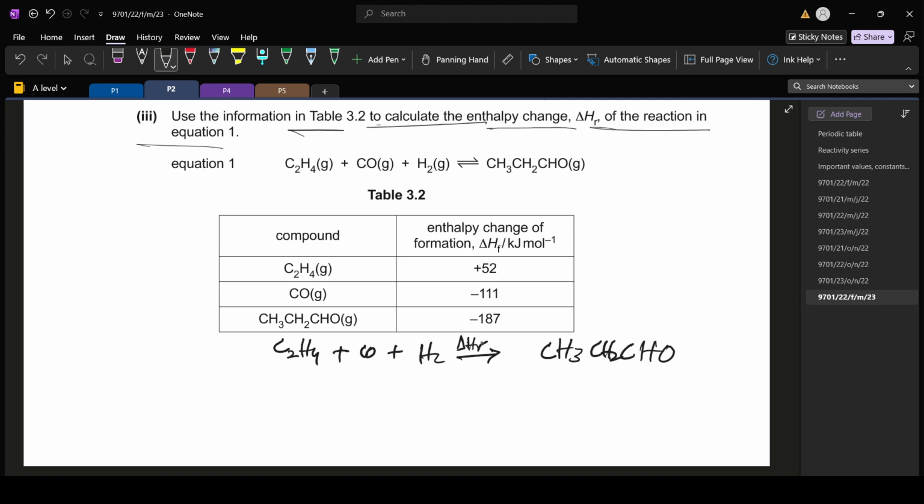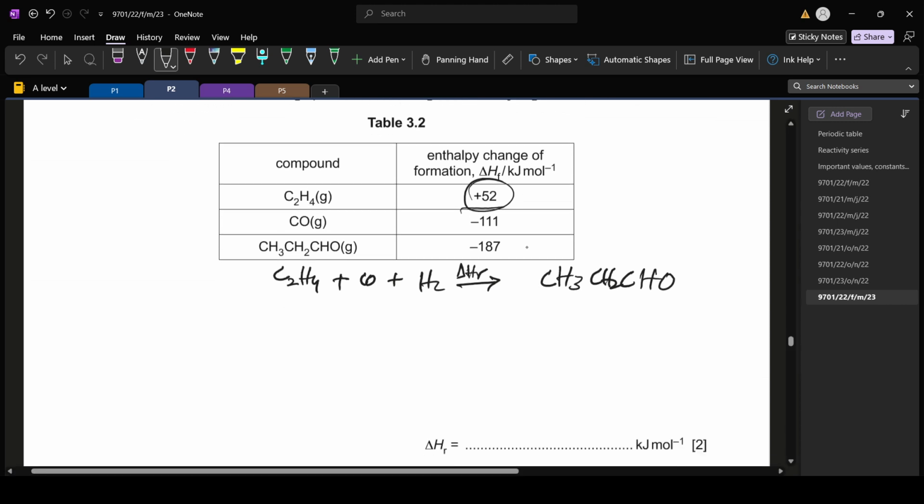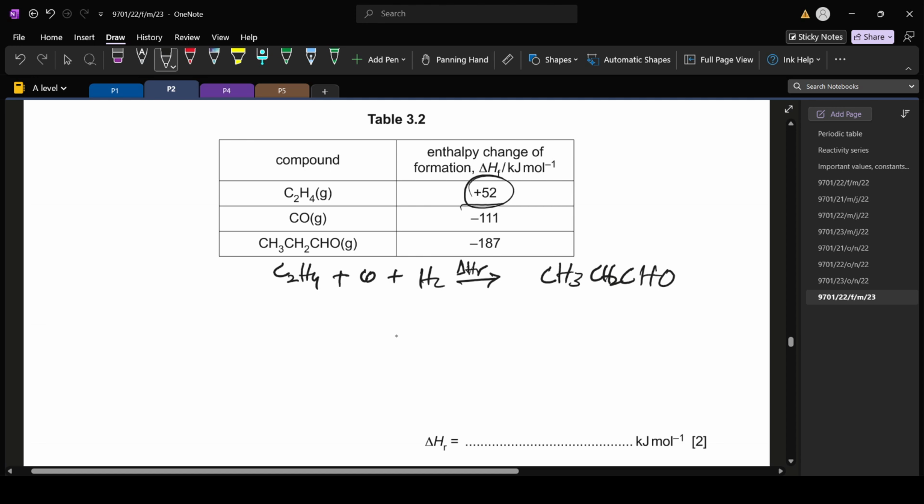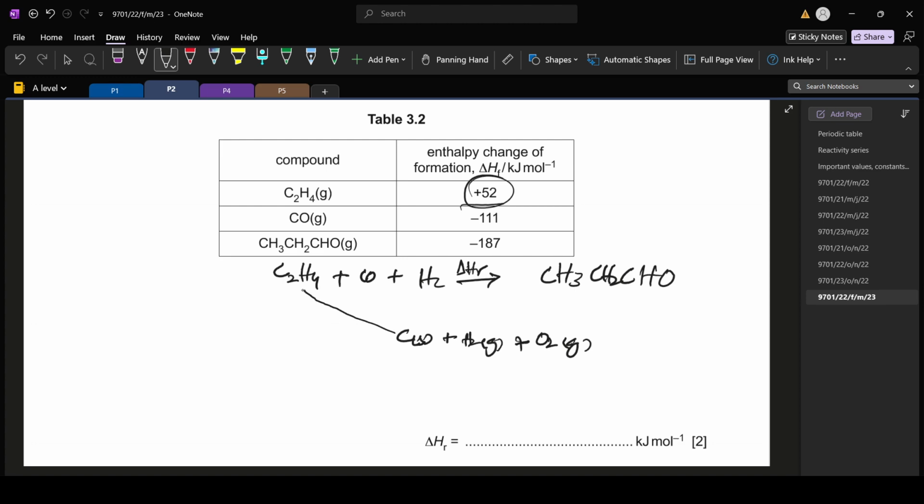Okay, and you are given the enthalpy change of formation. So for enthalpy change of formation, you have to remember the definition. It's actually the enthalpy change when one mole of a compound is formed from its elements in their standard states. So this is carbon and hydrogen gas and oxygen gas. So if this carbon and hydrogen react, these elements, if they form this ethene, this is the enthalpy change of formation of ethene, which is 52.